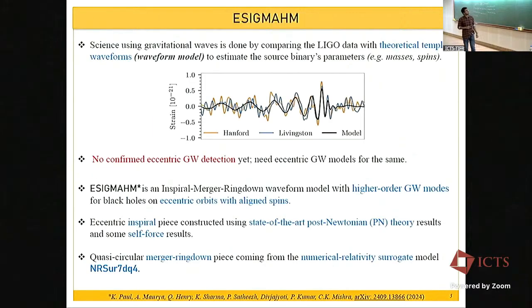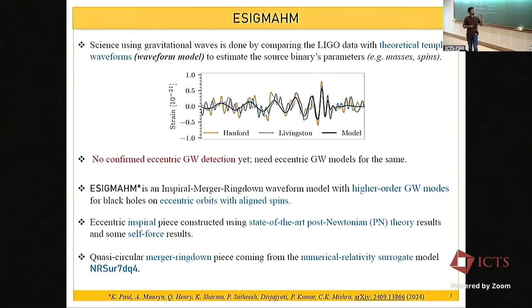Now, how science using gravitational waves is done is basically by comparing the LIGO data, which is very noisy and is shown in blue and orange here. And we compare this LIGO data with theoretical template waveforms, which are generated through what are known as waveform models, to estimate the source binary properties.